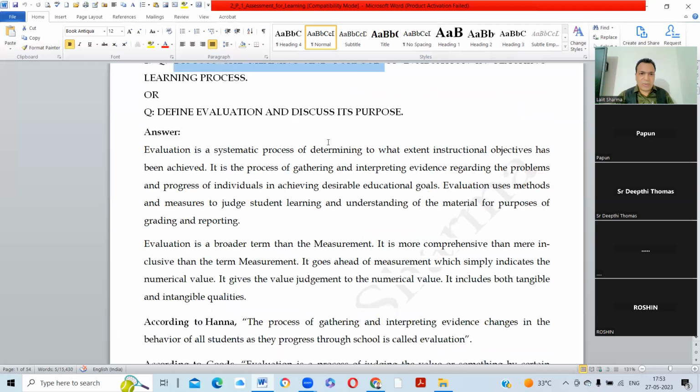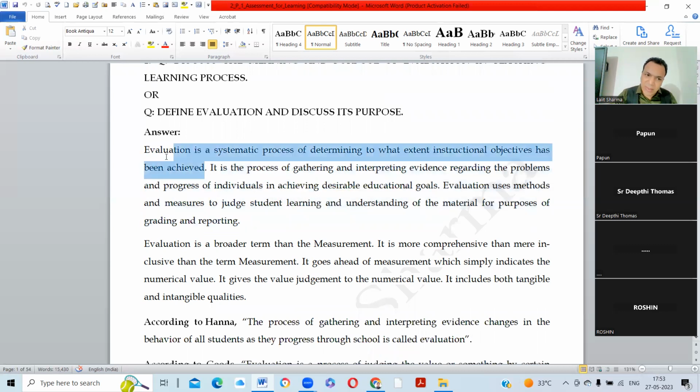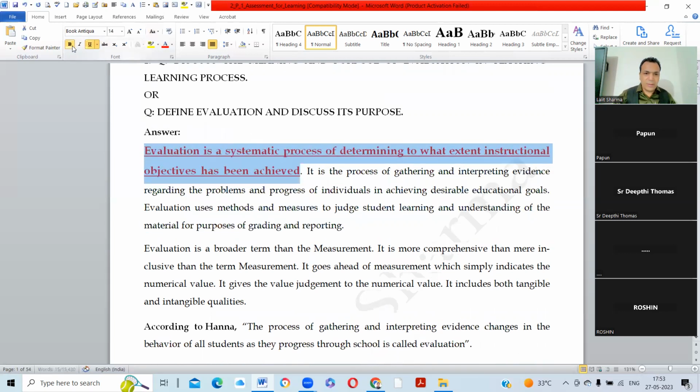So guys, ये देखिए, first of all evaluation. Okay, so evaluation is a systematic process of determining to what extent instructional objective has been achieved. ये first line ही talking about everything. The most important line, ये देखिए, the first line से सारी चीजें clear हो गई.